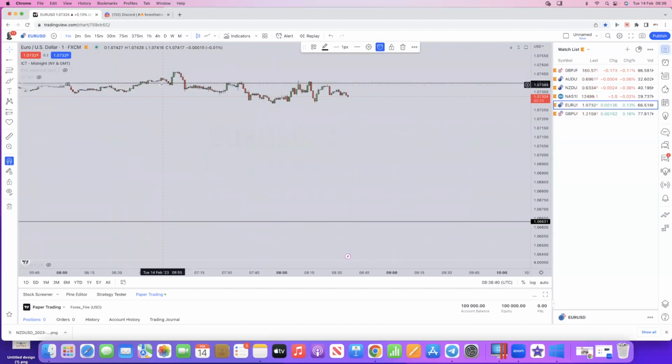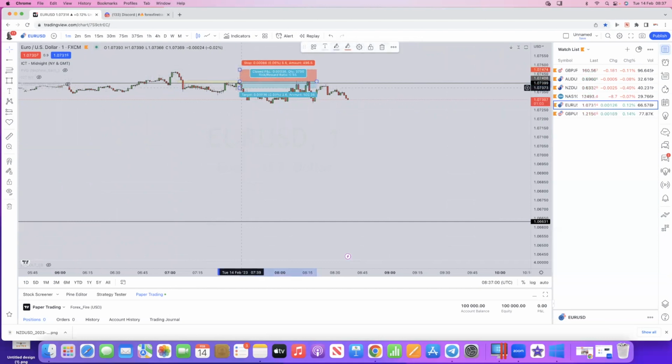We've got a break of structure here, which is creating a new lower low. From there, that was displacement. Just take this magnet off. You can see right there's your entry, and then from there, a short position just above the high, and you're only going for a 1 to 2.